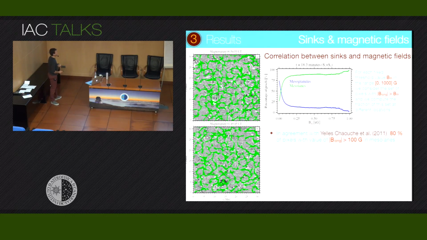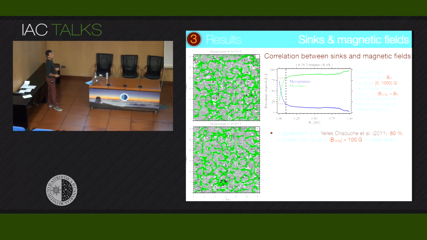So, in particular, for a threshold of 100 Gauss, we have that 80% of the pixels above this threshold are located at mesolanes, and only 20% of these pixels above 100 Gauss are located at mesogranules. So almost all the magnetic fields that have values above 100 Gauss are located at mesolanes.